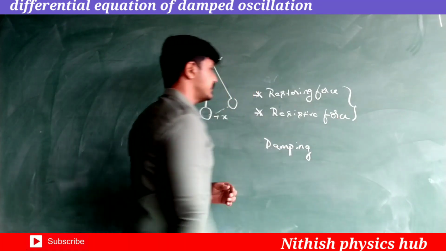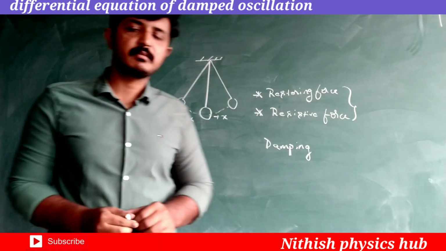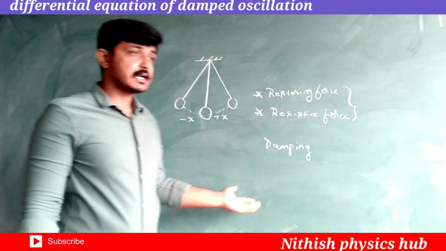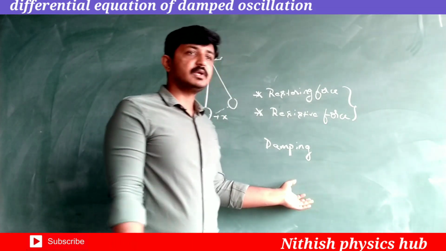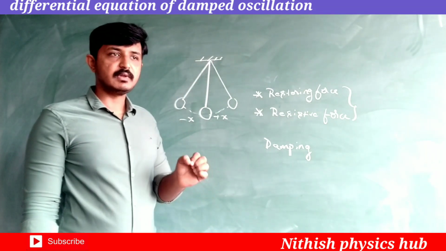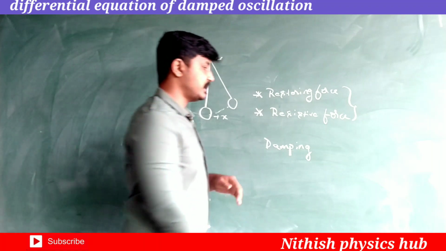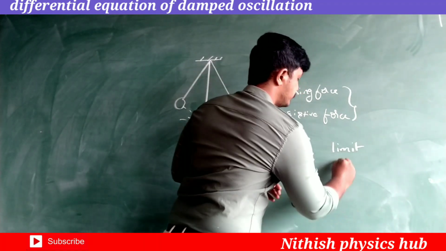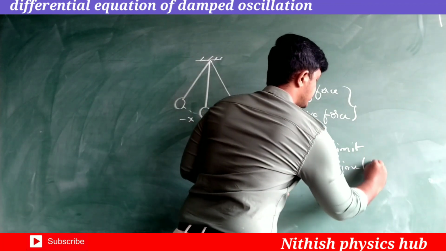Damping is nothing but bringing a body which is set for oscillation back to the rest position or equilibrium position within a finite interval of time, within some certain limit of time t.